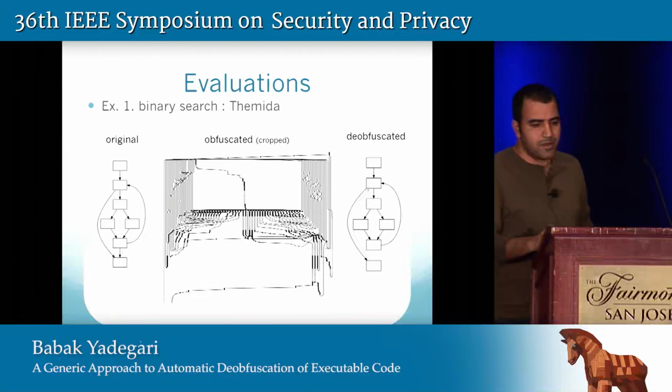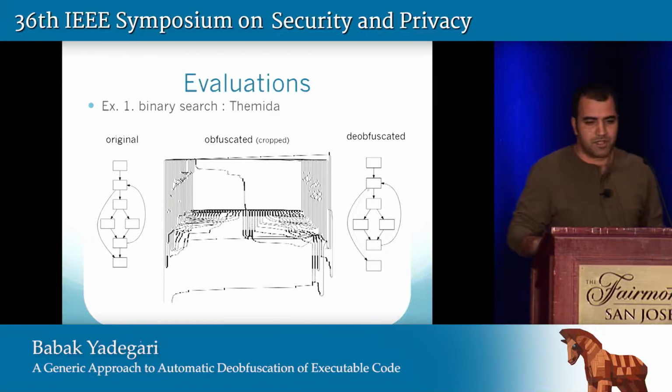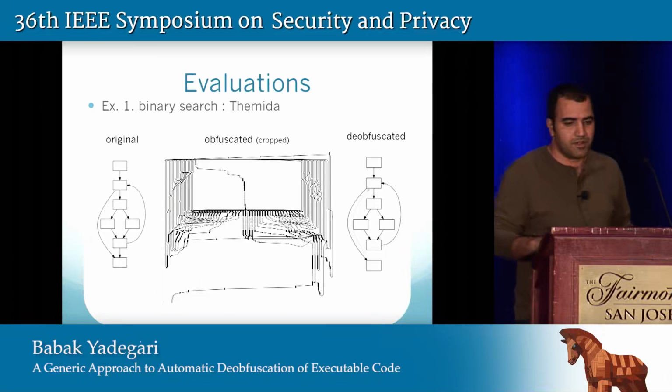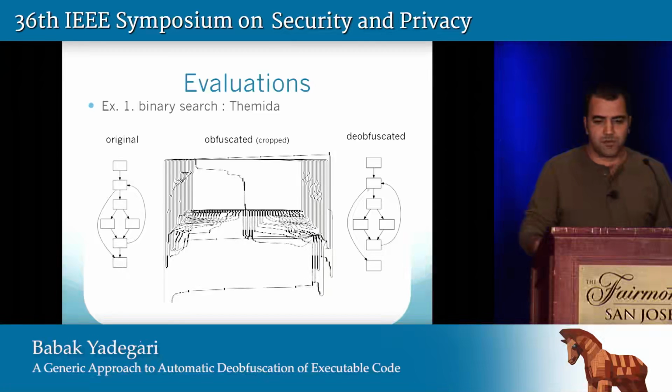And before actually showing some numbers for evaluation, I'm going to show some CFG examples for two programs. This is the binary search program, and on the left is the CFG for the original program. In the middle, we see the obfuscated program.